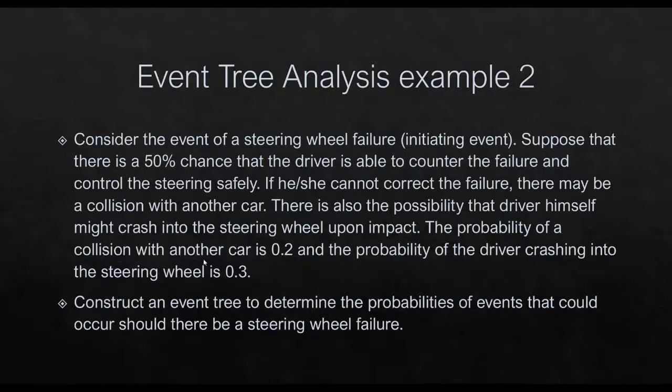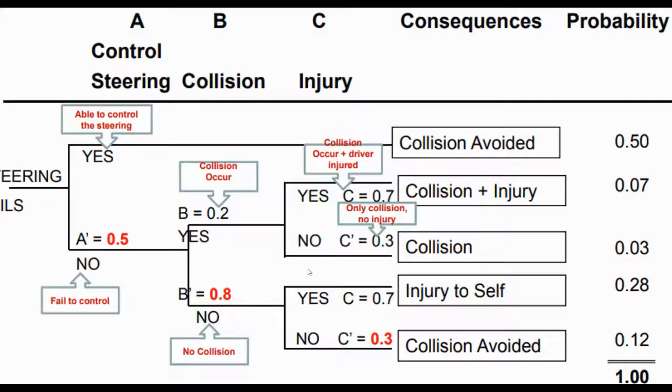Bila dia berlaku collision to the another car, dia akan ada probability to driver crashing into the steering wheel 0.3. Only collision, no injury. Collision occur and the driver injured. Dia collision occur tetapi tak, dia cuma collision saja tapi tak ada injury lah. So 0.3. Okay, samalah pecahannya 0.7 ke 0.3, 0.7 ke 0.3 kat sini.